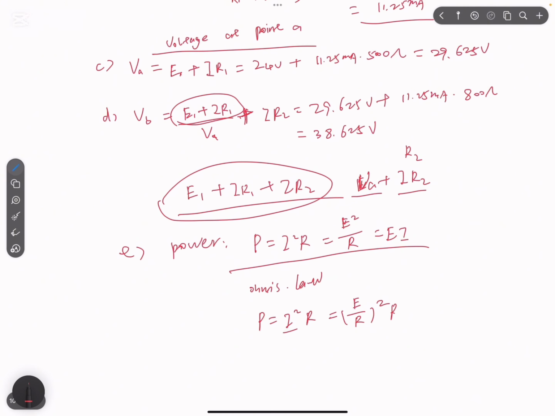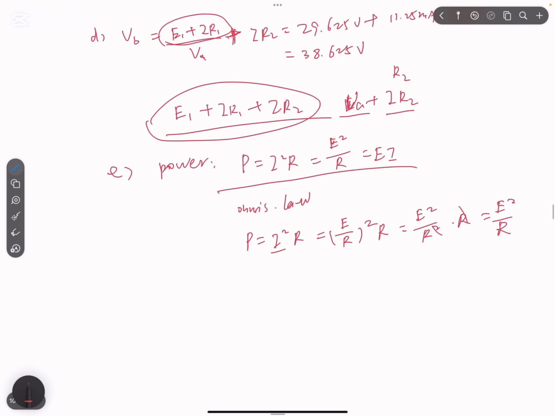If we square it, then we can cancel out one R, and that will be E squared divided by R squared times R. Then we cancel out one R. That'll be E squared divided by R. And same thing, if we want to replace R, I squared times R will be I squared times E divided by I, that's R. So we cancel out one I, and that will be EI.